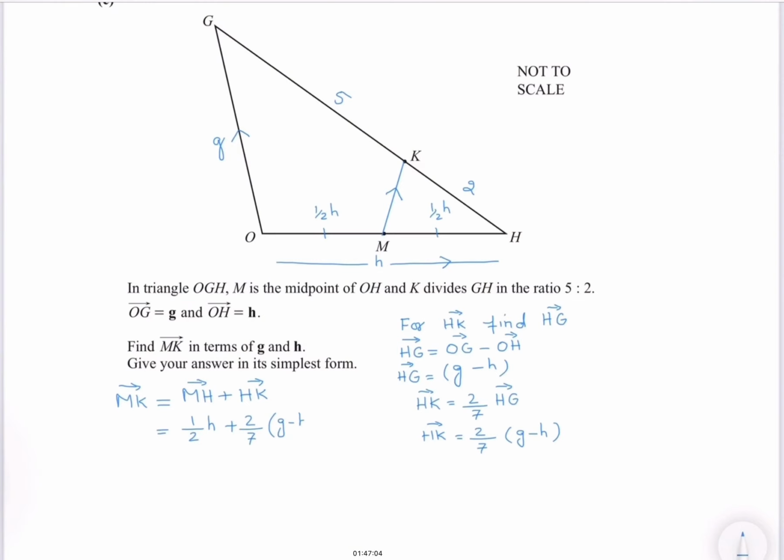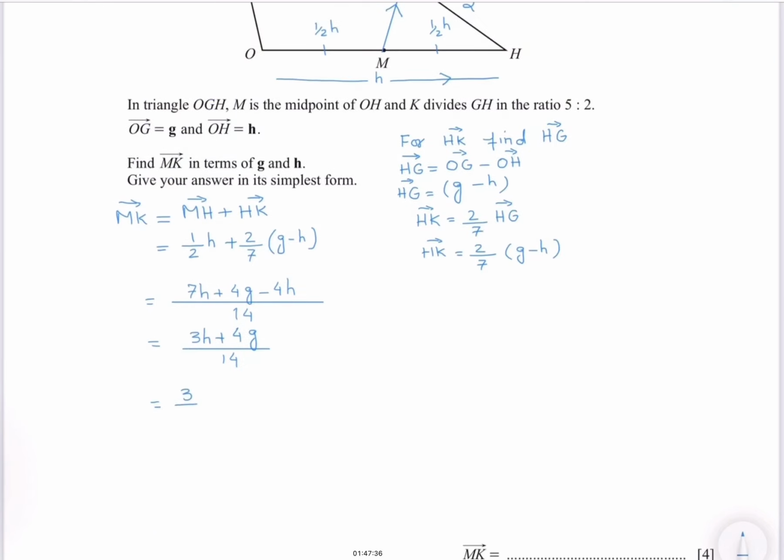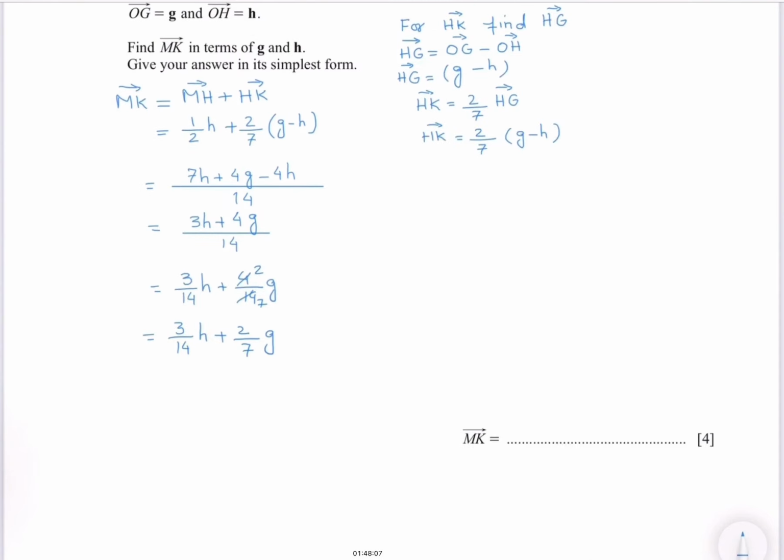Put this value back and now simplify. Your LCM is 14, so it becomes 7H plus 4G minus 4H. Now try to simplify it, split it. 4 over 14 can also be simplified to 2 over 7. So your final answer is 3 over 14 H plus 2 over 7 G.